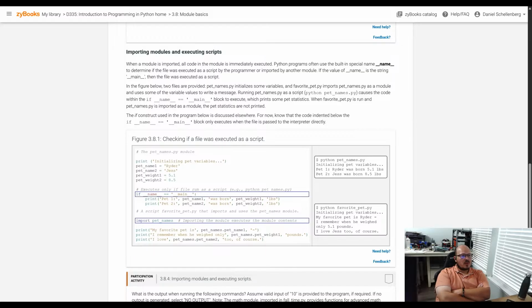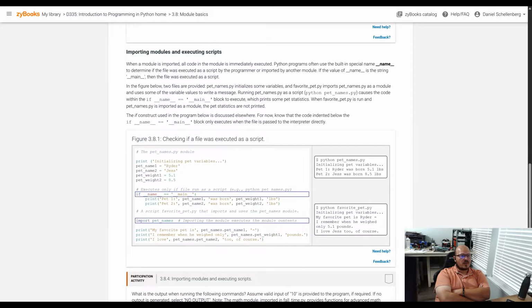In the figure below, two files are provided. pet_names initializes some variables, and favorite_pet imports pet_names.py as a module and uses some of the variable values to write a message.